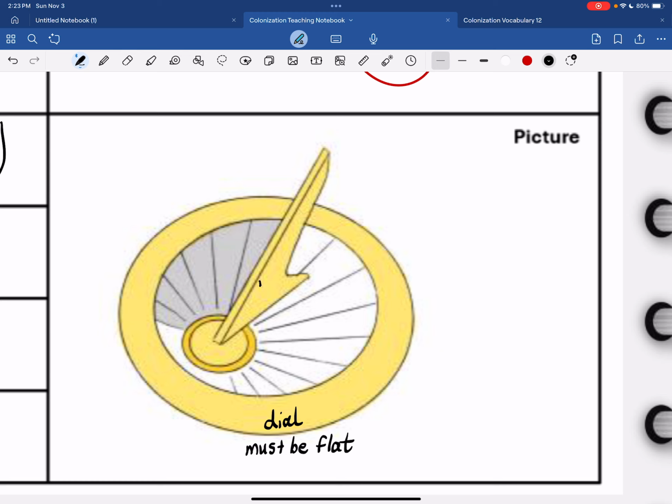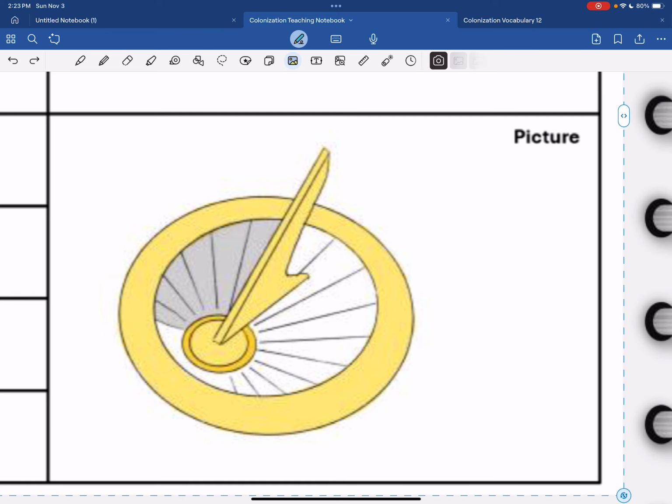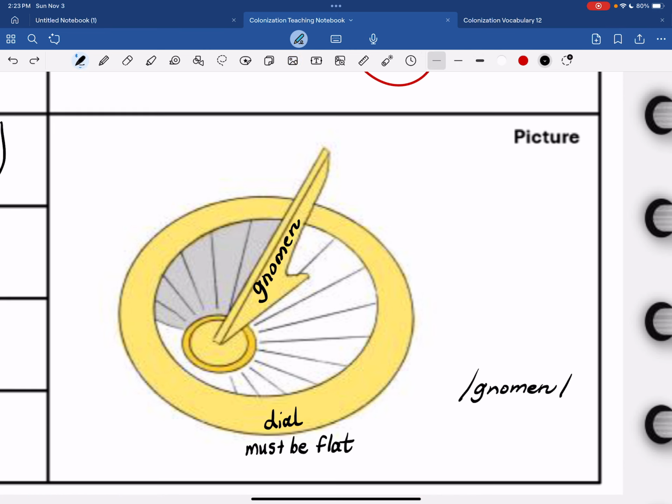This thing is called a gnomon. It looks like g-nomon, but it's actually pronounced, it's pretty phonetic, if you take out the G. It's like the word gnat, those little bugs that buzz around you. If you take out the letter G, you have nomon, and that's exactly what it sounds like.